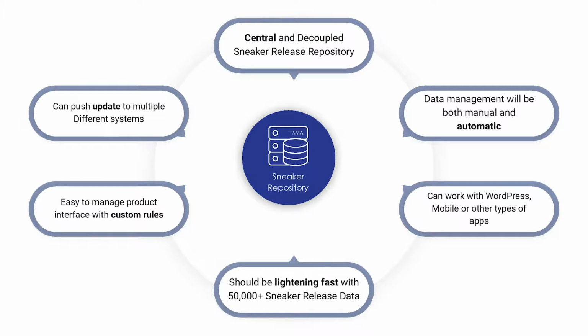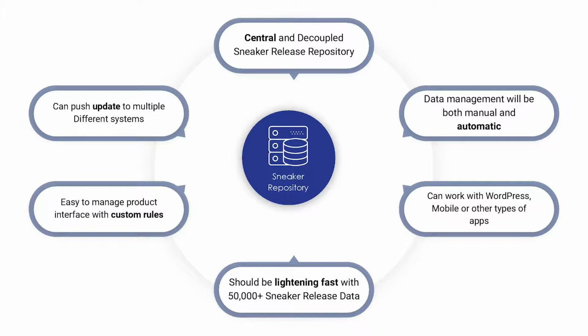Now the challenge for us was that whatever system we picked as a central repository, at that time they had around 12,000 plus sneaker records. They estimated that over a period of a few years, that data would grow to around 50,000 plus. So it was a very large data set that we had to deal with.